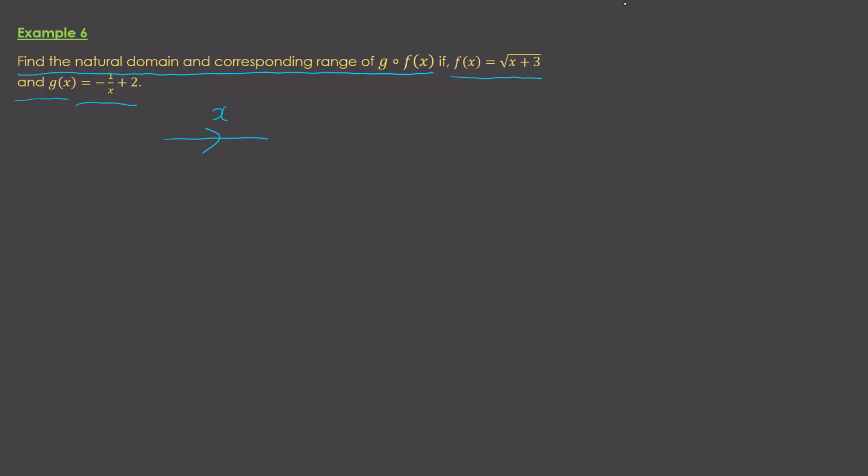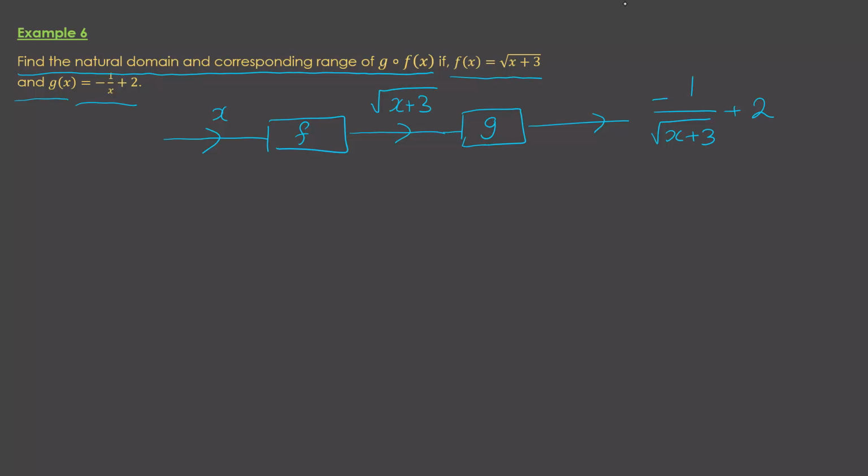So let's start with x and put it into the function f. What comes out of there is the square root of x plus 3. If we then input that into g, what we get is negative 1 over the square root of x plus 3, plus 2.